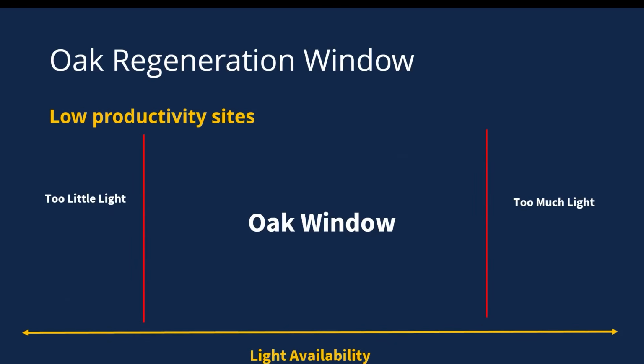Now, I mentioned earlier about productive sites, and I will say that this is very different depending on where you're at on the landscape. On lower productivity sites, so sites that are drier or have thinner soils or less organic soils where trees don't grow as fast, your window or your capacity to get oak regeneration is very wide. A lot of times you don't have to do anything and oaks are going to regenerate in these sites, right?